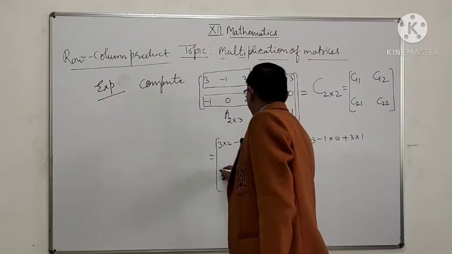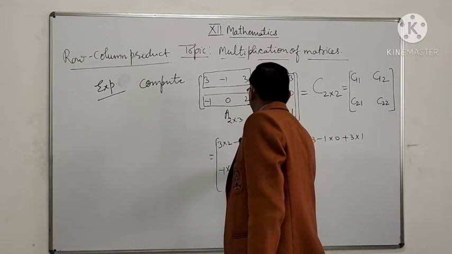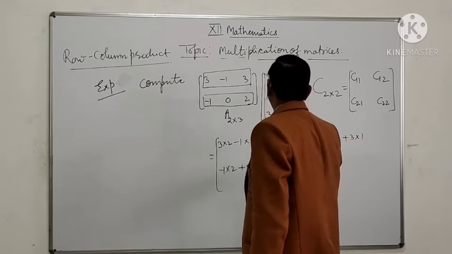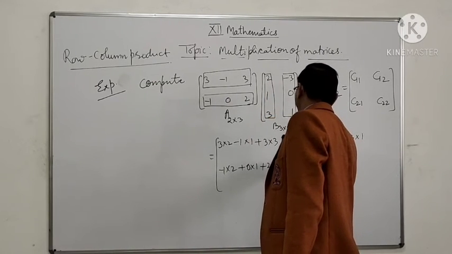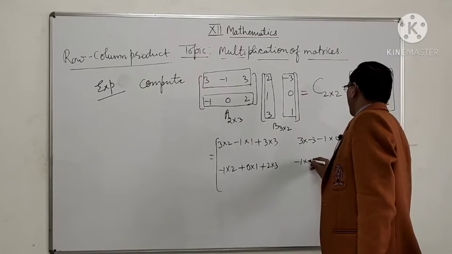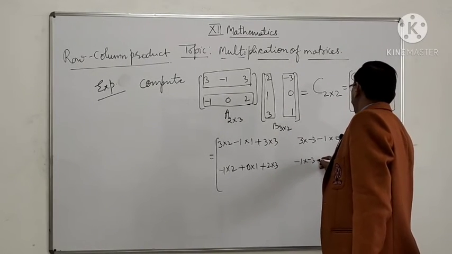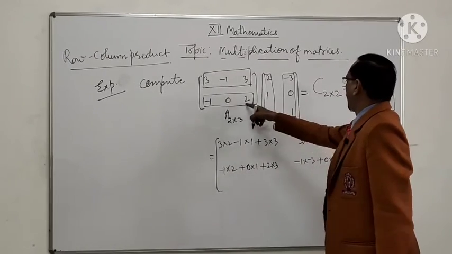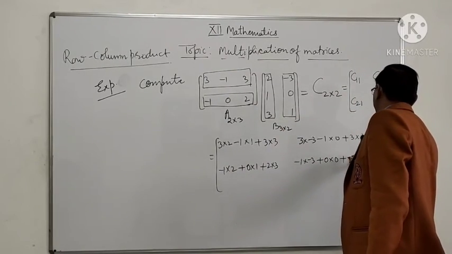Then minus 1 into 2 plus 0 into 1 plus 2 into 3. Then minus 1 into minus 3 plus 0 into 0 plus 2 into 1.